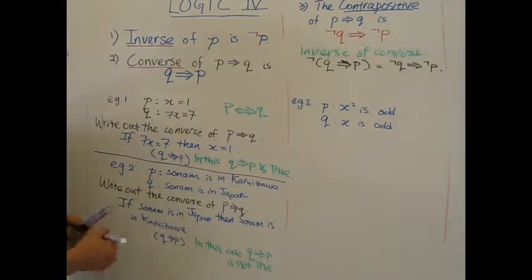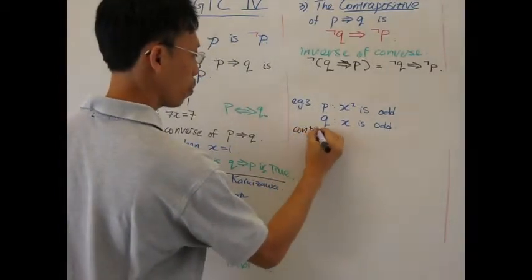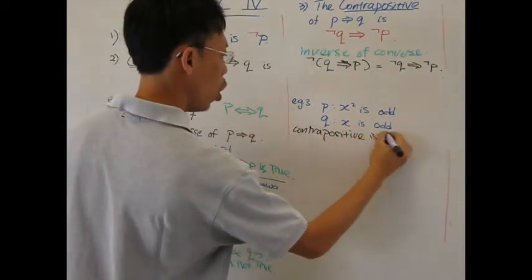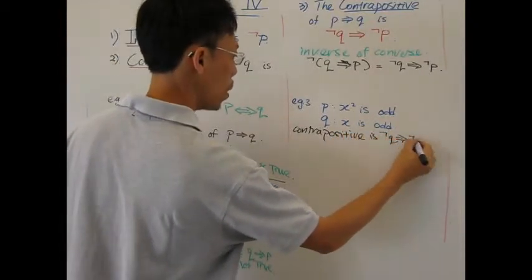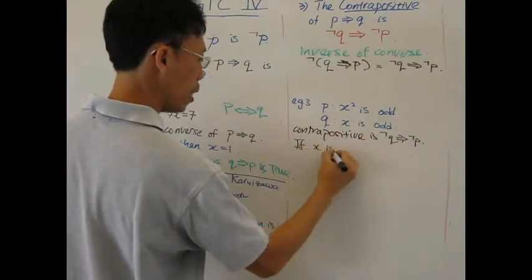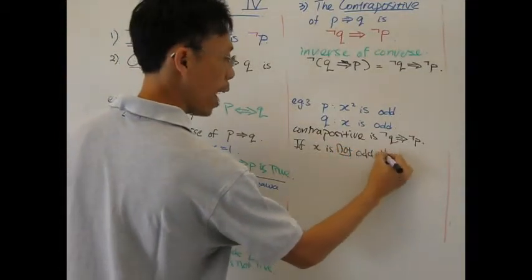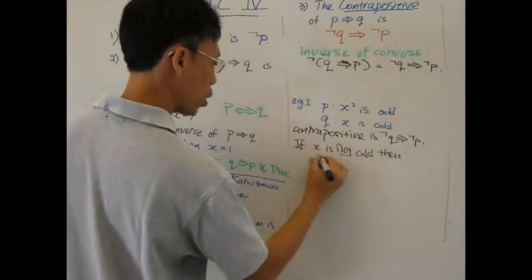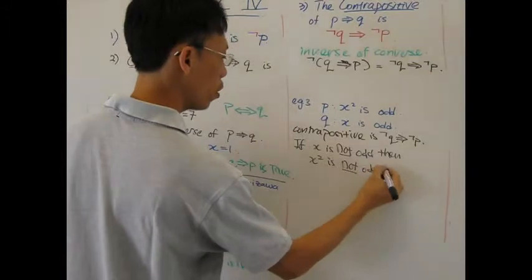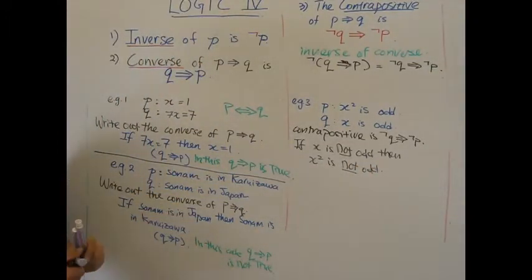That's Q. The contrapositive is not Q implies not P, which is: if X is not odd, then X squared is not odd. So that's my contrapositive.